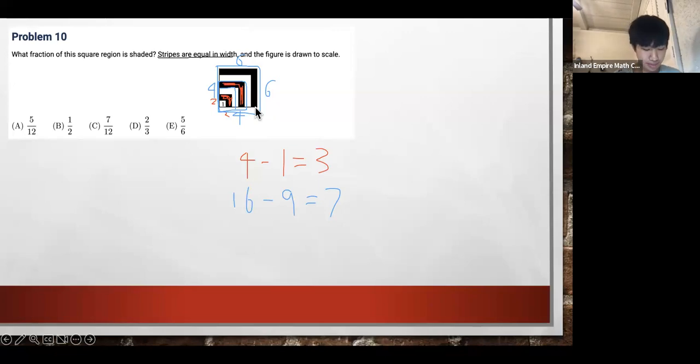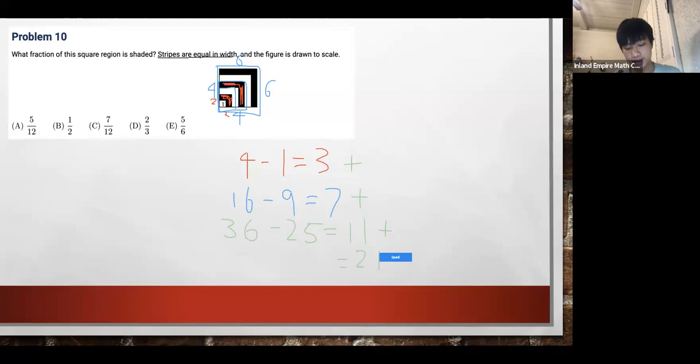And because of that, we know that this last one is going to be 6 times 6, which is 36, minus 5 times 5, which is 25. That equals 11. So in the end, if we add all of these together, we're going to get 21.